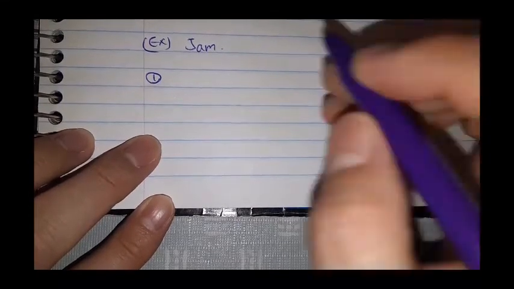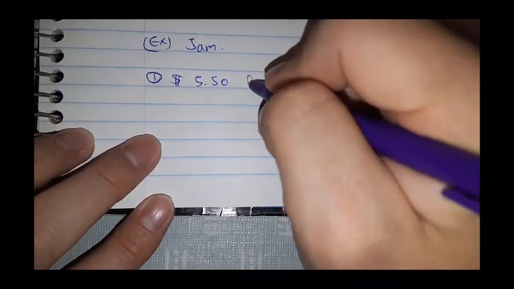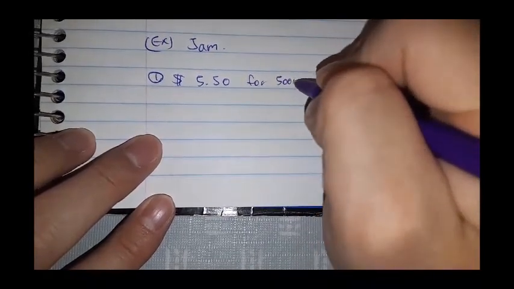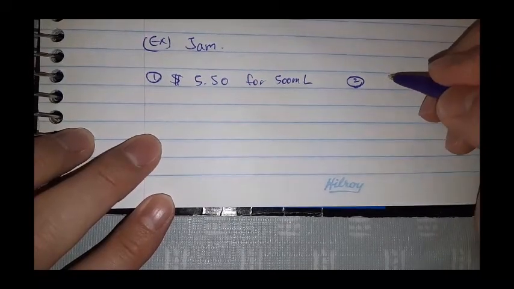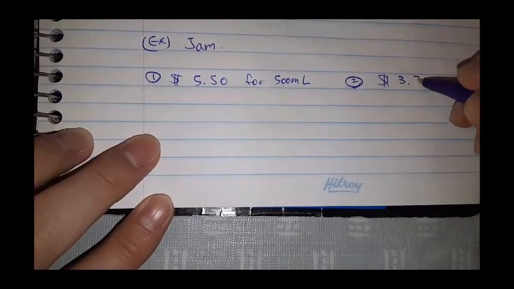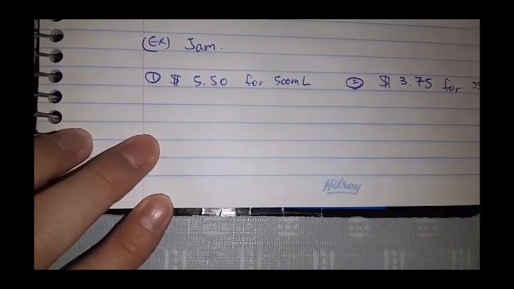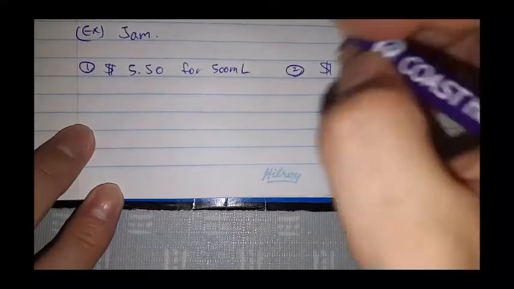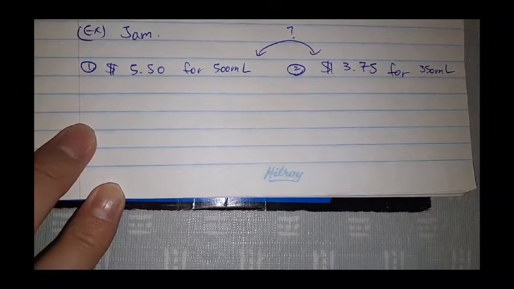Let's say one store sells it at $5.50 for 500 mL, and another store sells it at $3.75 for 350 mL. Which one is more beneficial for consumers?